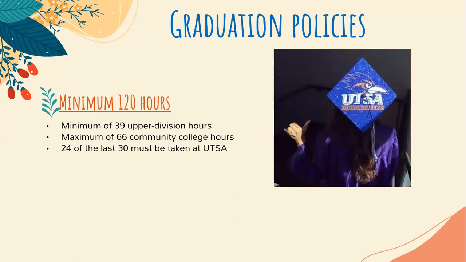Also, it shows that students who want to complete their core at a community college should not wait until the end to complete that core. You will need to complete those classes prior to your final 2 semesters or prior to the final 24 hours that you take at UTSA.